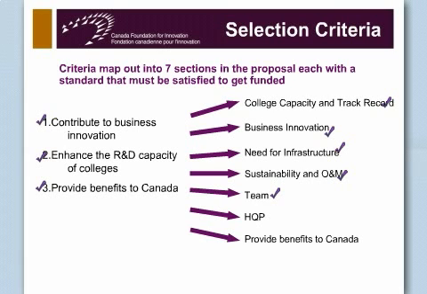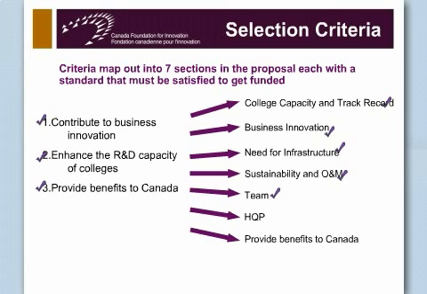Okay, so this will be more clear when we look at the proposals, but for each section we will provide a standard. This standard represents the bar which must be met to satisfy the sub-criterion. So the reviewers will judge whether the information you provide in each section meets this standard.